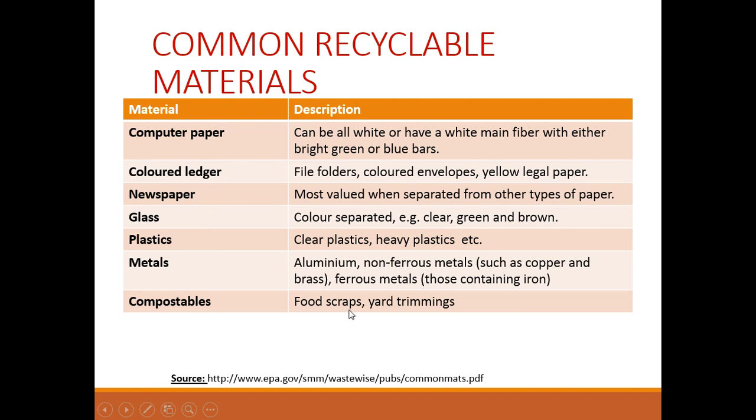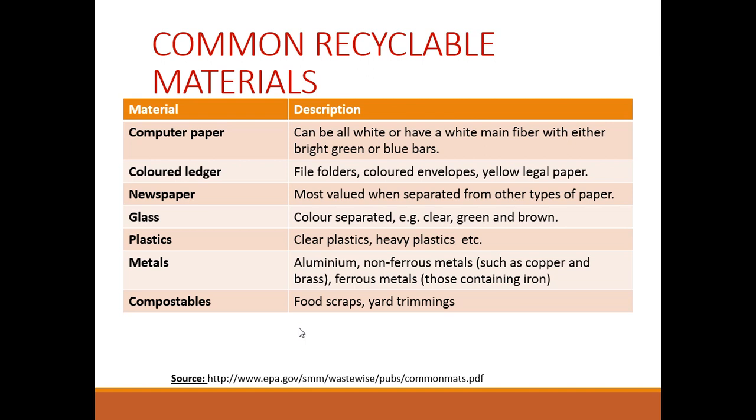Compostables would be like your food scraps, yard trimmings, etc. So if you are ever interested in recycling, one of the important things that you have to be aware of is the sorting of your material into various categories such as these.